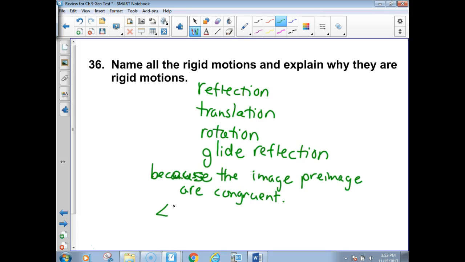All the angles and lengths stay the same. Now, the one that isn't a rigid motion transformation was the dilation, because it changes size. All right, so all of those others preserve size, our rigid motion transformations.